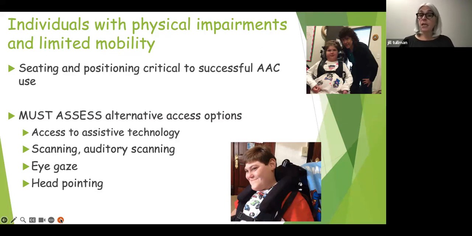Seating and positioning is critical to successful use of AAC. These individuals need to be optimally seated and positioned in their wheelchairs so they can access technology using alternative access methods. Some of those alternative access methods include scanning, auditory scanning, eye gaze, and head pointing.